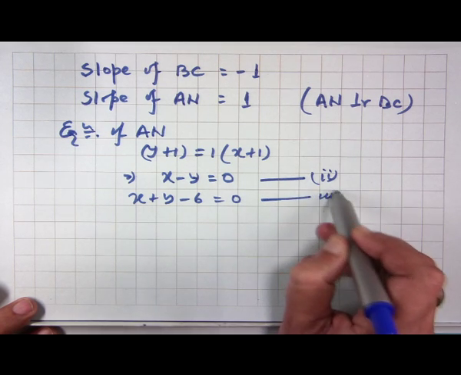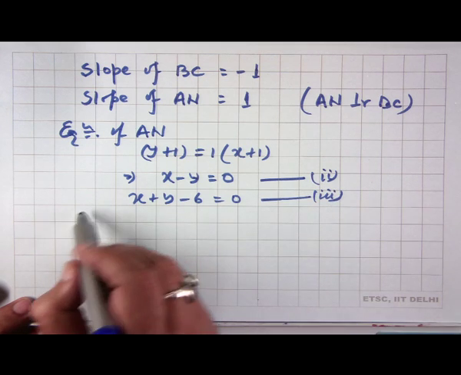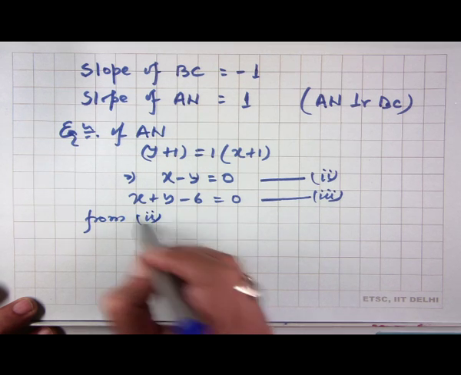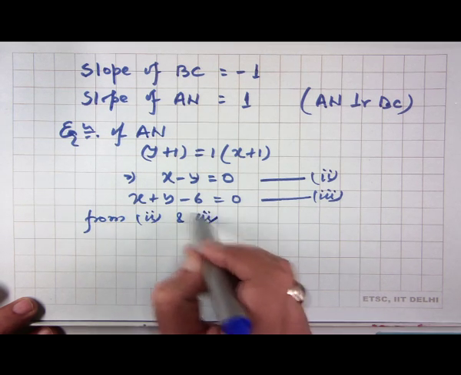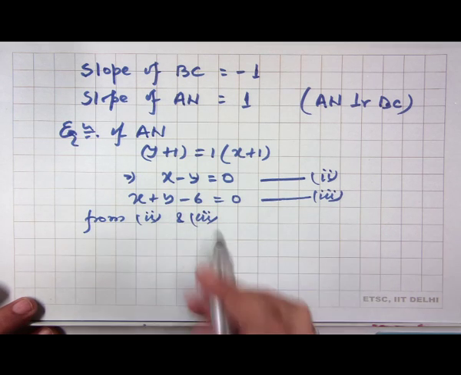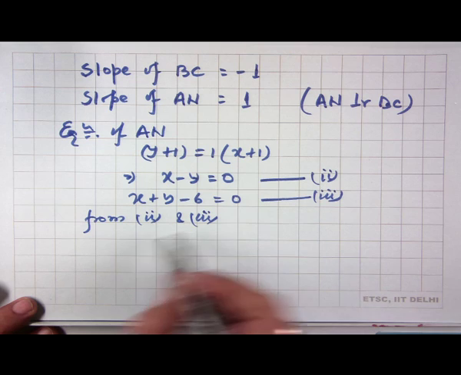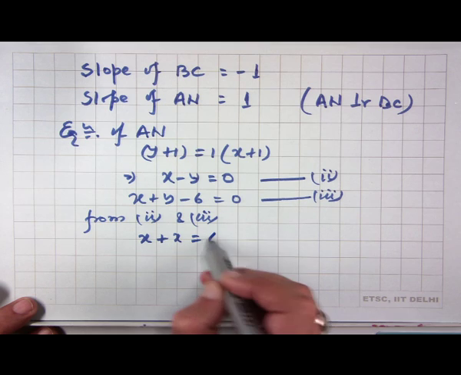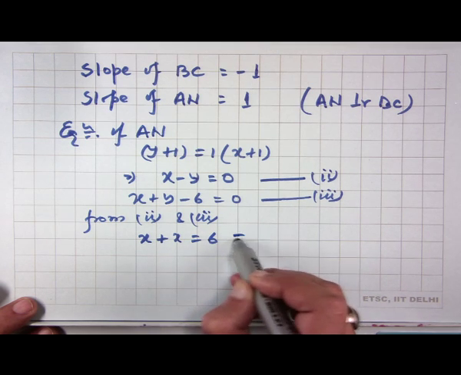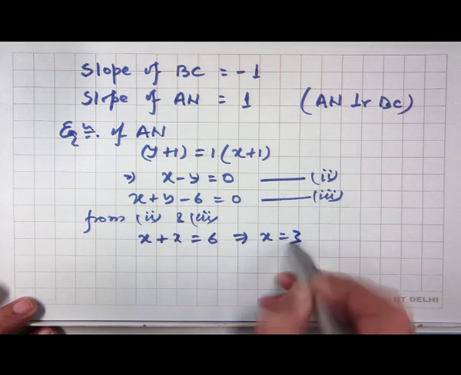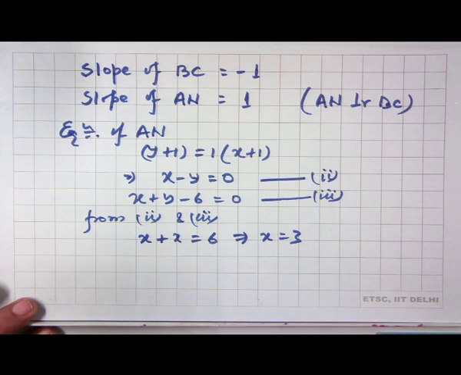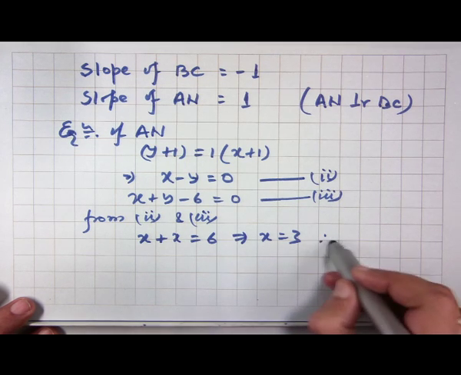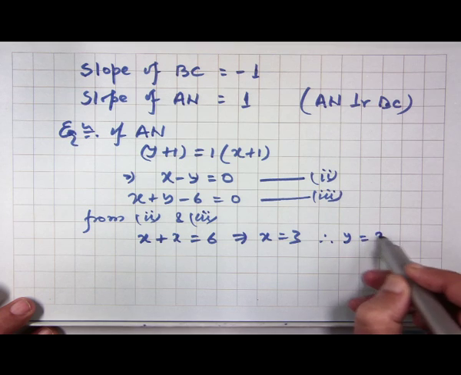This is equation 3. So from second and third, y equal to x. So x plus x equal to 6. This implies x equal to 3, and so y is also 3.